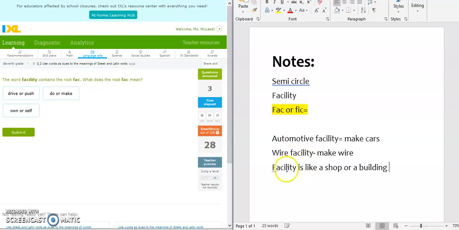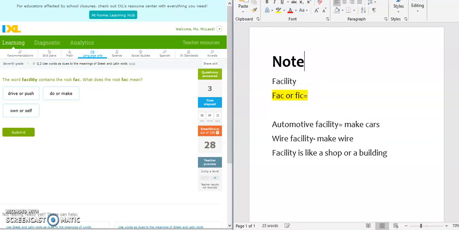So let's look. To drive or push. Well, none of the examples I used have anything to do with driving or pushing. Own or self.